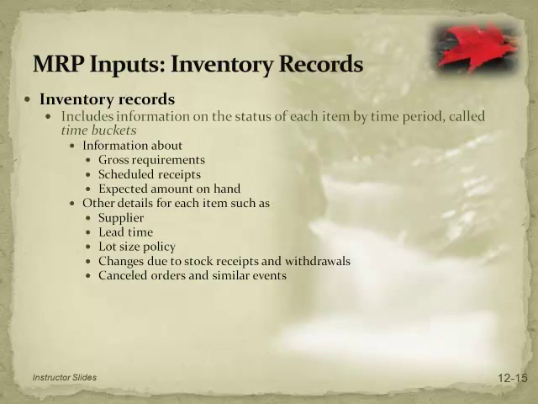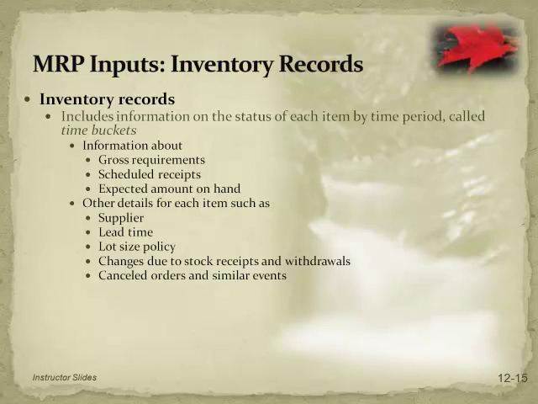We also need some information on how long it takes to acquire that item. That's referred to in this slide as the lead time. We also need to have some policy information called the lot size policy, which is also part of this inventory information.